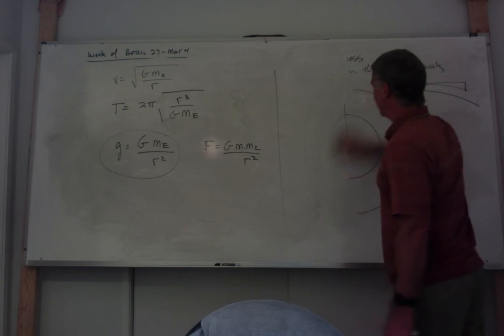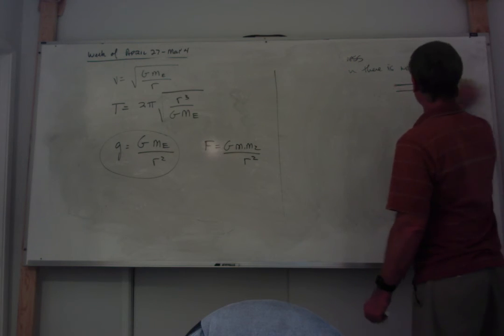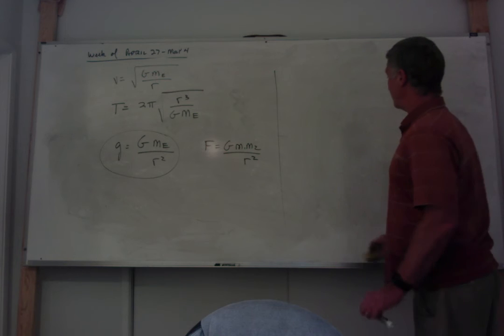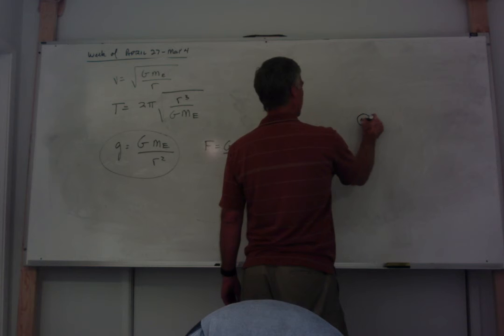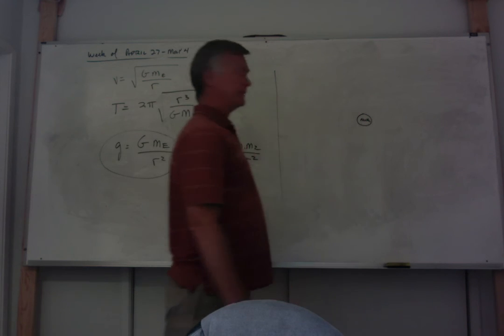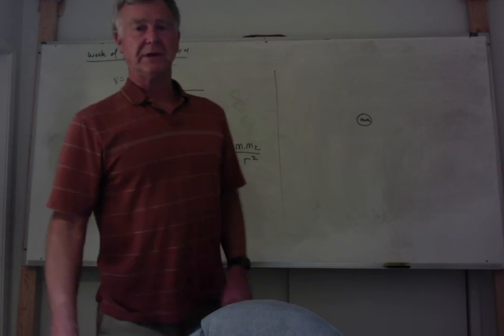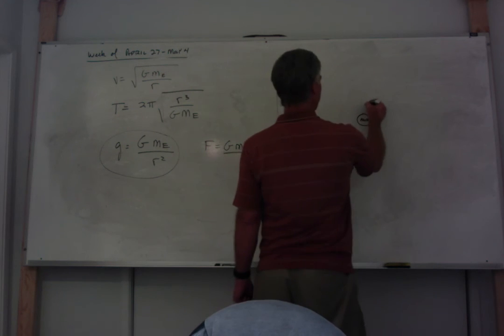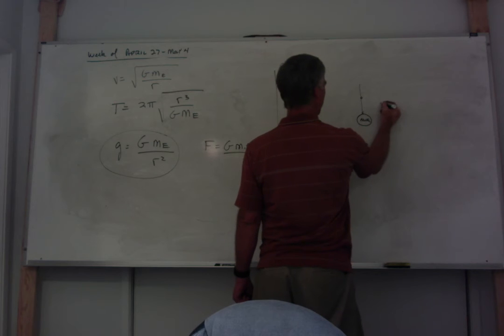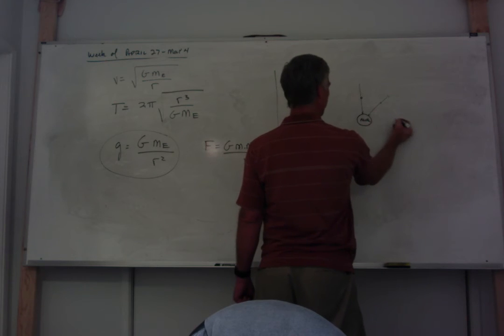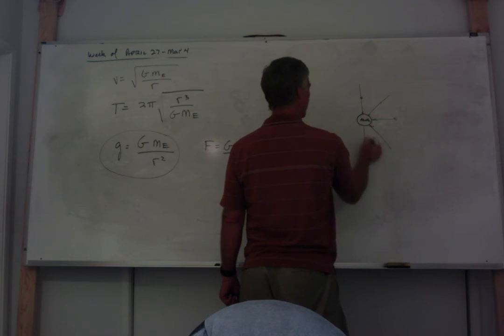Actually, if I was to plot out what gravity looks like, if this is the Earth, we can think of the gravitational field exactly like we did with electrical charges. If I put an object out here, what's going to happen? It's going to fall toward the Earth. If I put an object here, it falls toward the Earth. And that falls toward the Earth, and so on.